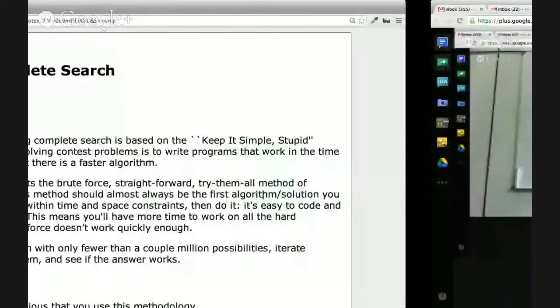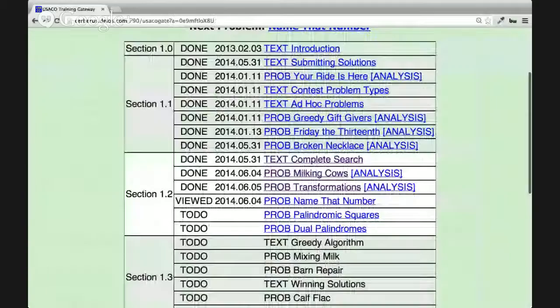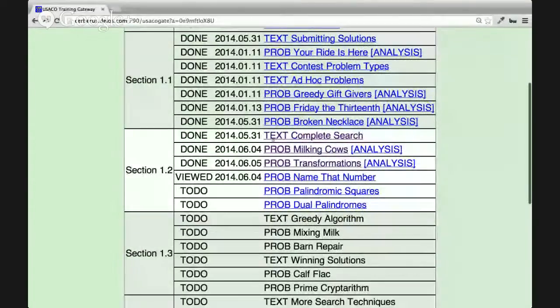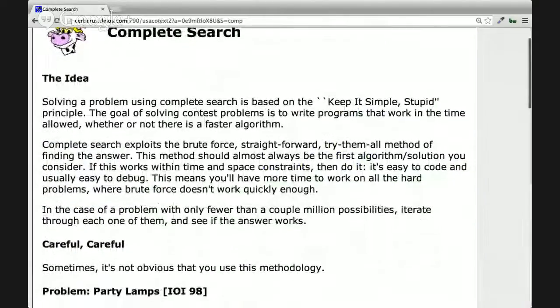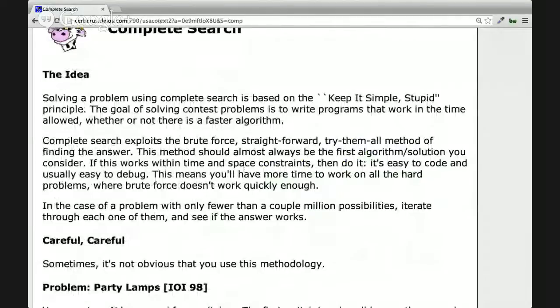So let me screen share first. As you can see here, we are at the section of 1.2, and let us look at the brief introduction from UNESCO about complete search. Complete search is a very basic stuff in programming for us, for ACM.